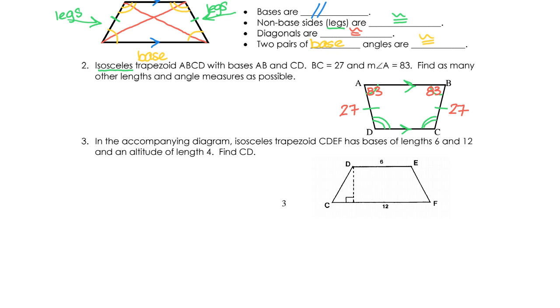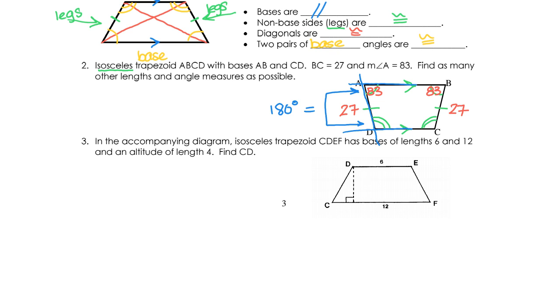And then we have to remember something about the trapezoid: because these bases here are parallel, and this leg acts as the transversal, these two angles add up to 180 degrees.